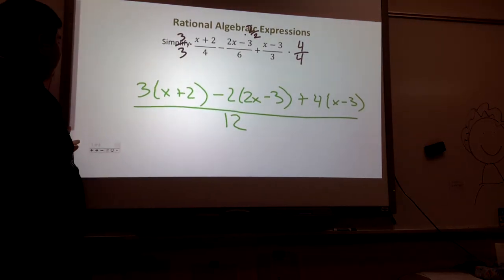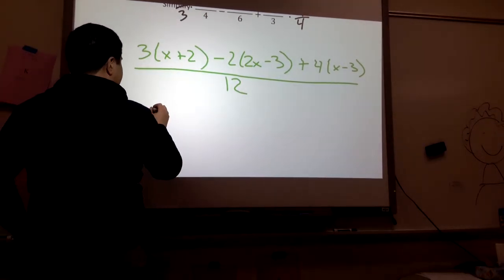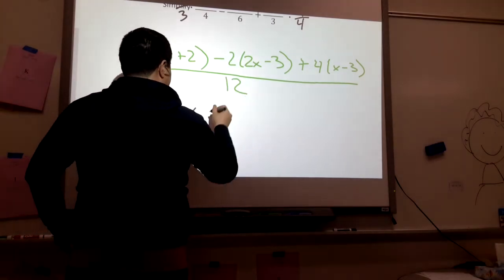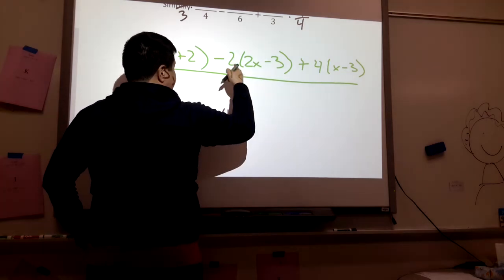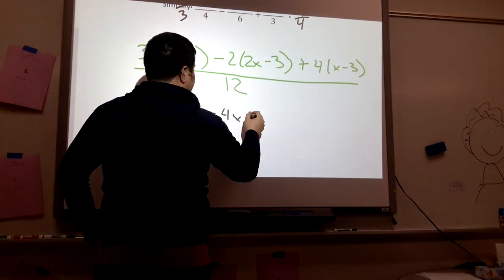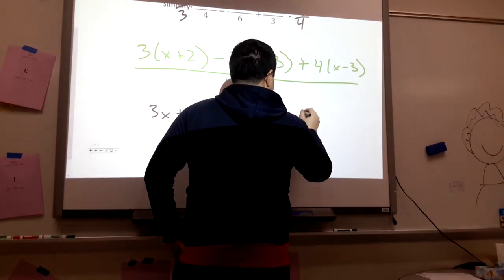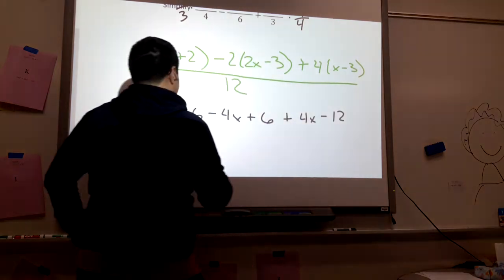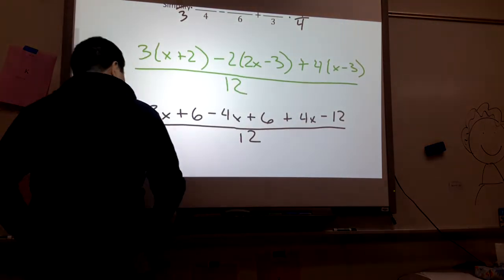If we distribute that, we get 3x plus 12. Negative 2 times x is negative 2x, and negative 2 times negative 3 is plus 6. Plus 4x minus 12, because 4 times negative 3 is negative 12. All over 12.